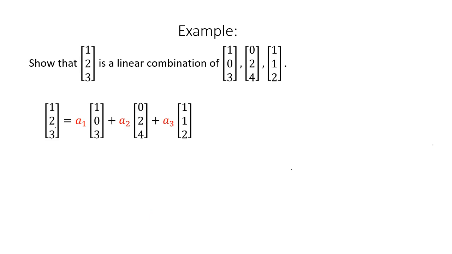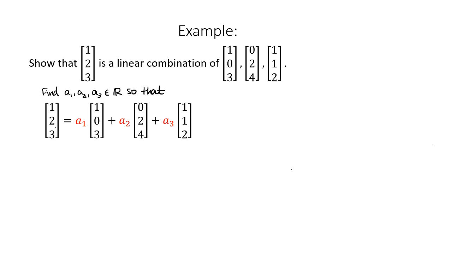So what we would like to do is to find a1, a2, and a3 in R so that the vector 1, 2, 3 is written as a sum of these three vectors where we've scaled by the factors a1, a2, and a3.